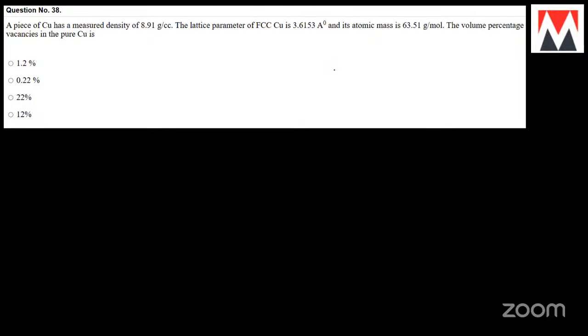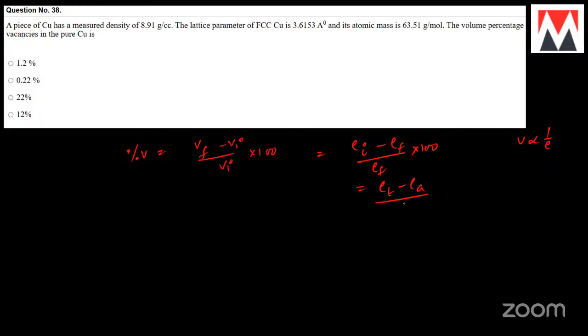So the percentage of vacancy is (volume final minus volume initial) by volume initial into 100. For the same mass, volume is inversely proportional to density, so you can write it as (density theoretical minus density actual) by density actual into 100.